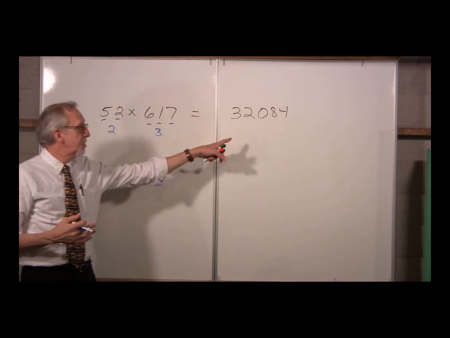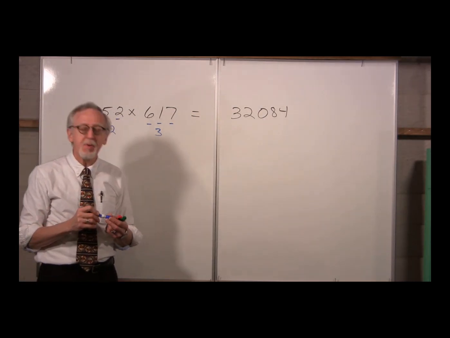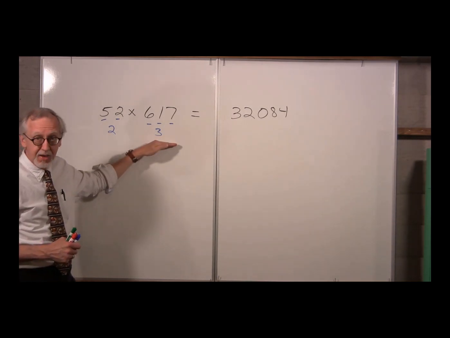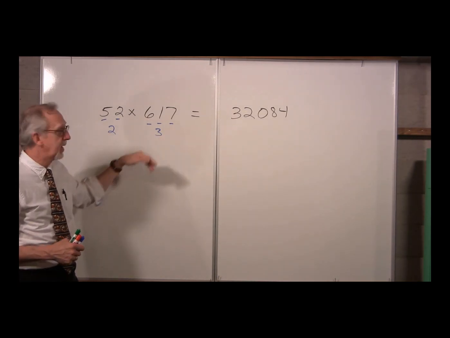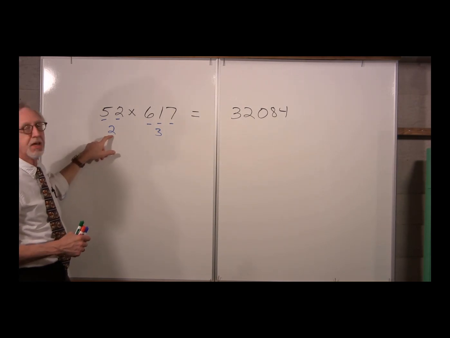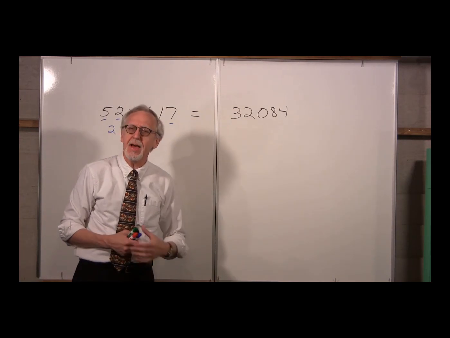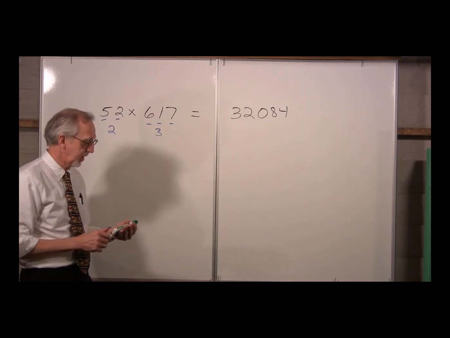Then your result can only keep the number of significant figures that the smallest value has of the numbers you're multiplying. So 2 is less than 3. We can only keep 2 sig figs. So we need to write 32,084 with only 2 significant figures.